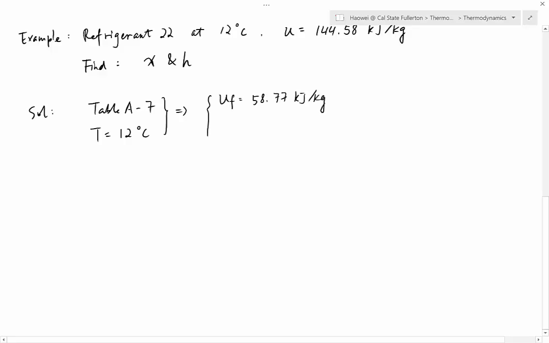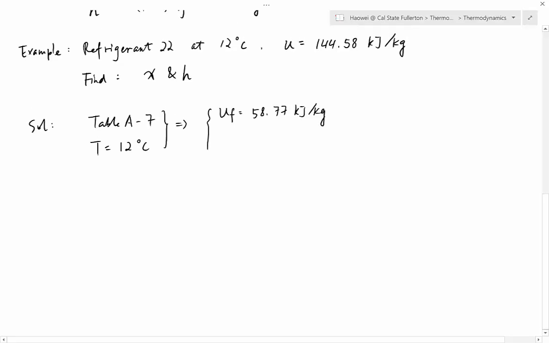If you don't remember the unit, you can just go to the top of the table and you can find out the unit. We also found lowercase ug, which is 230.38 kilojoule per kilogram. And in addition, we also found lowercase hf and lowercase hg, specific enthalpy for saturated liquid and saturated vapor.